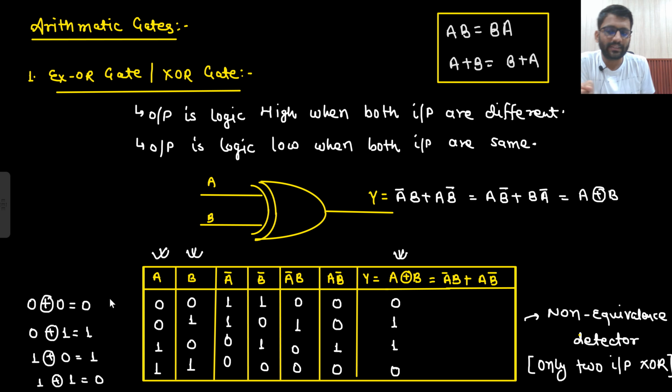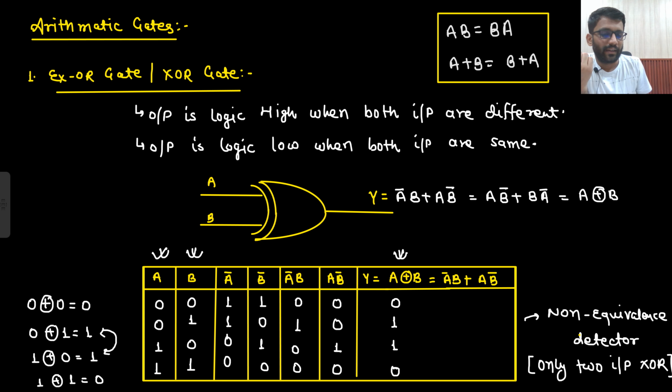So when both inputs are the same, your output is 0, and when both inputs are different, your output is 1. Are you getting this point? 0 XOR 0 is 0, 1 XOR 1 is 0, 0 XOR 1 is 1, 1 XOR 0 is 1. That's why it is known as the non-equivalence detector. But this definition is true only for the 2-input XOR gate.